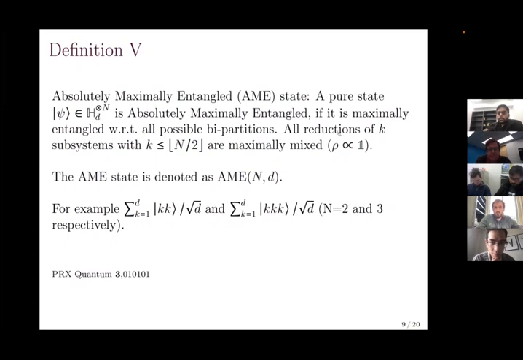So the reductions will be subsystems with k less than or equal to n by 2. It sounds to me like what they're saying is if you trace out 1, 2, 3, or 4 out of 8 qubits, all of these have to result in maximally mixed states. Is that kind of what they're saying?